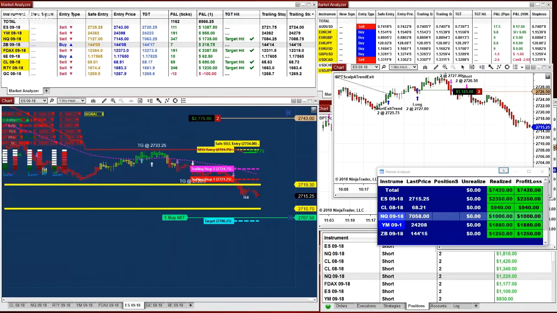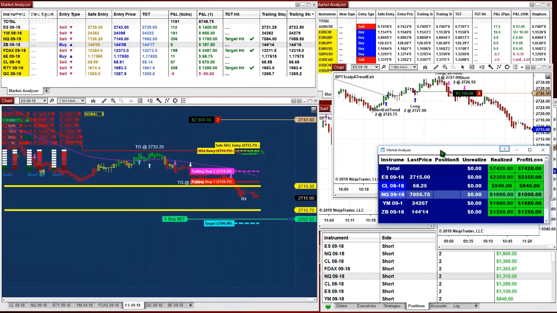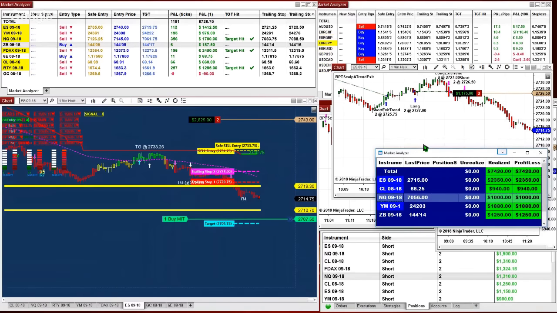So 2,700 in that trade on the ES. 2,800. We're heading straight down to the target. It's amazing.